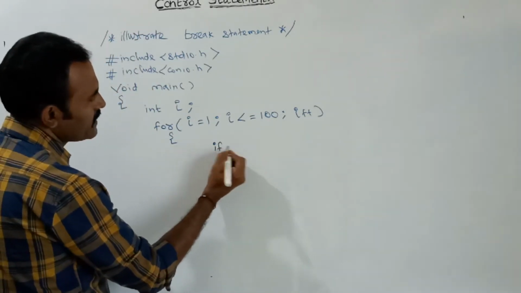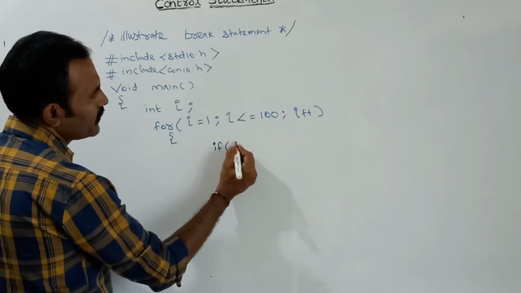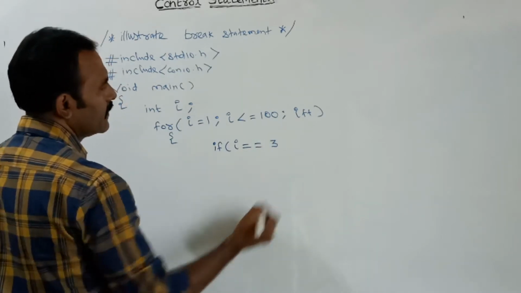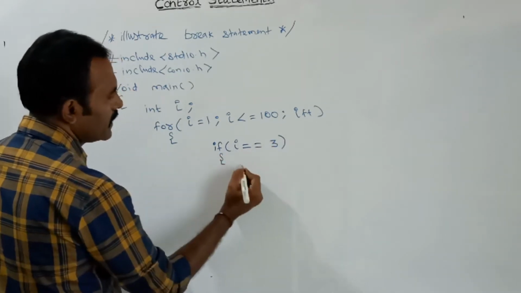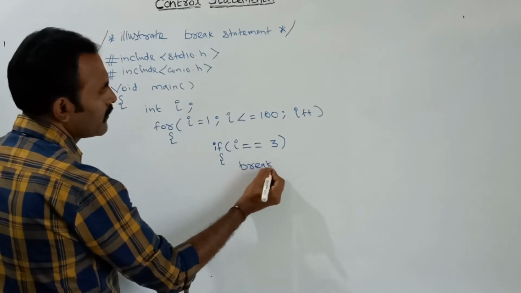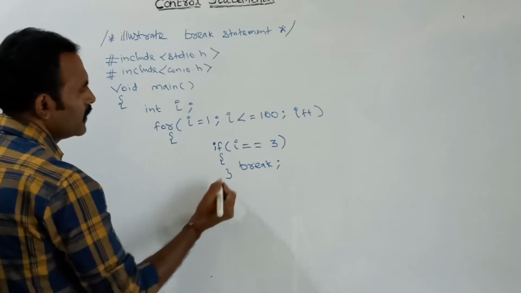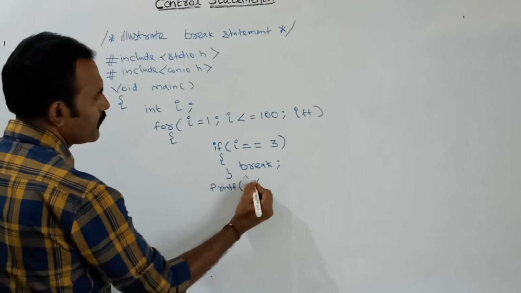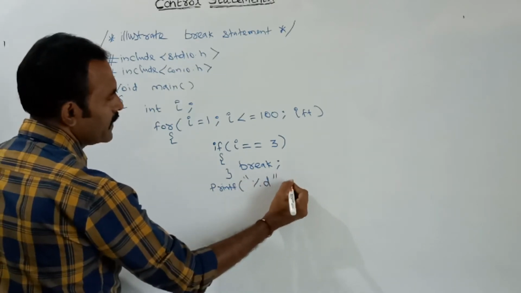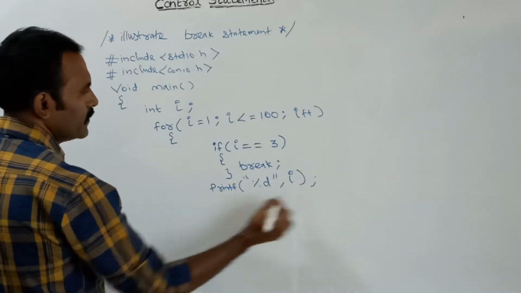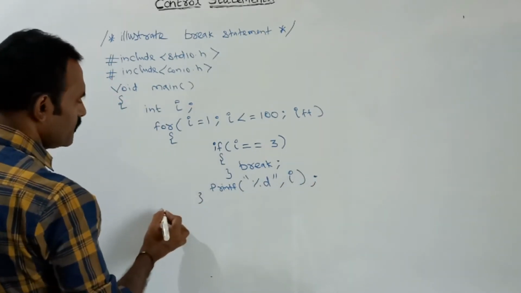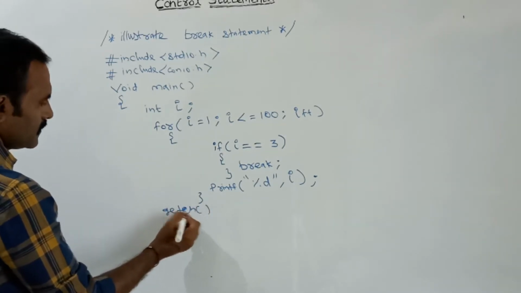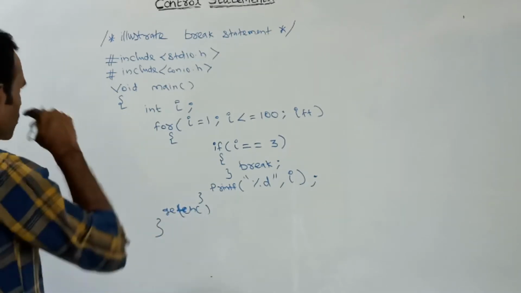Here I am using the condition: if i is equal to 3, I am telling it to break the loop. Otherwise, printf %d, here I am printing the i value. I am closing the for loop and getch after closing the main.